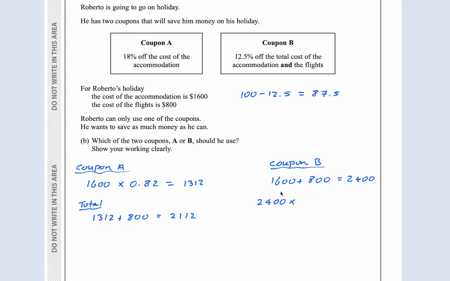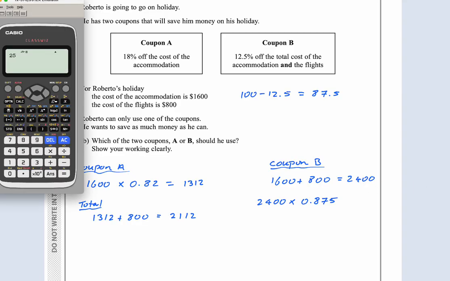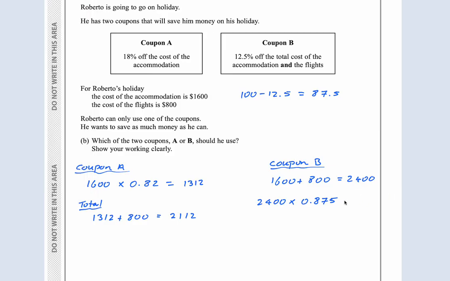Use your calculator if you want, but that's where I'm going to multiply this by 0.875, and that gives me 2400 times 0.875, 2100. Okay, that's the total cost using coupon B.